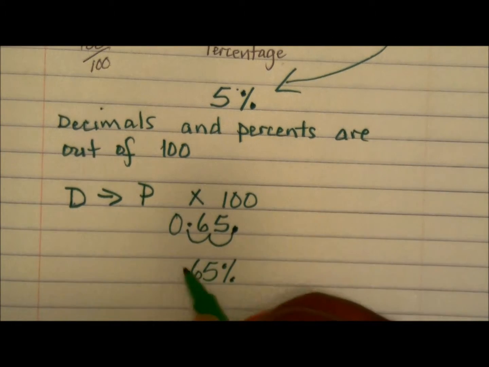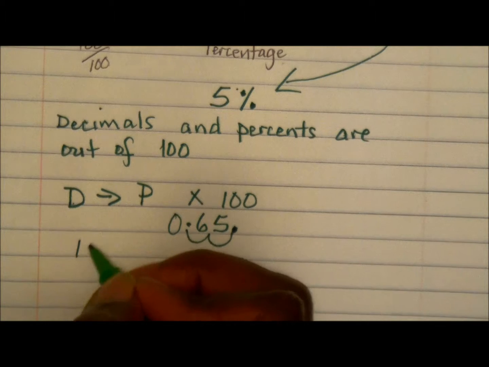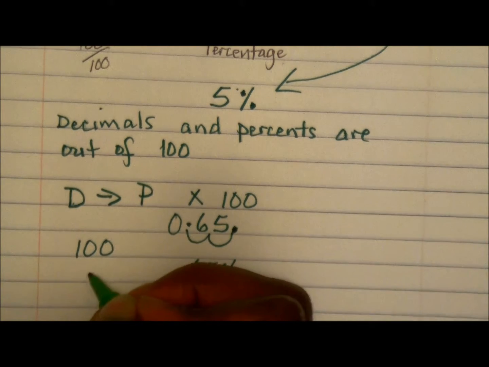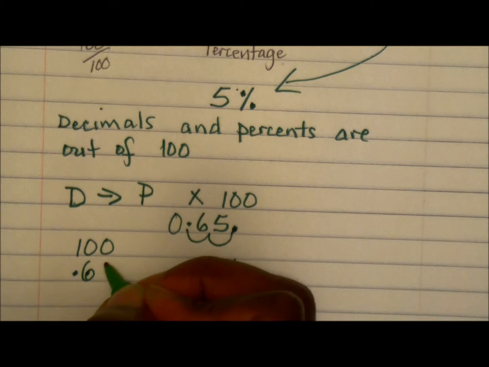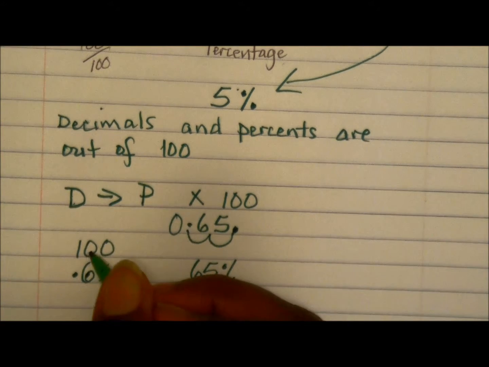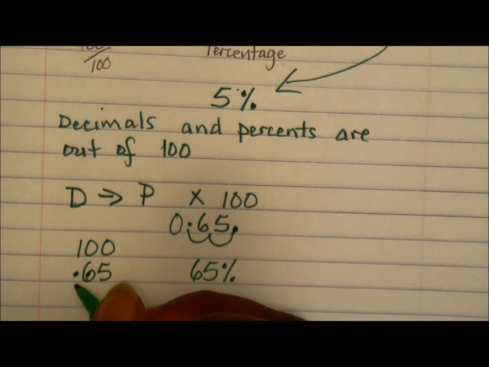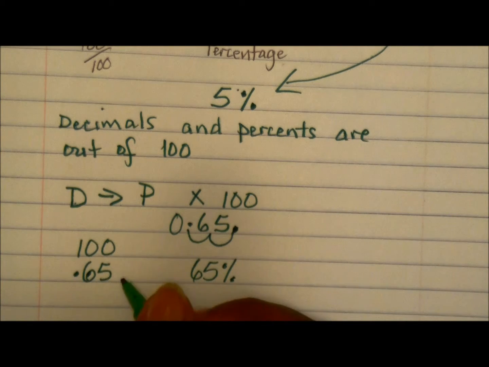Now let's multiply 100 by 65, which is 6,500. So I'm multiplying 100 by less than 100.